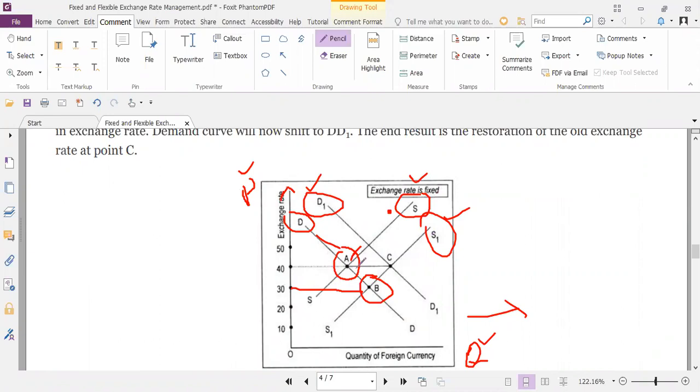If you join point A to the y-axis, you get 40. The exchange rate was 40. But now that the supply curve has changed, the exchange rate also falls. If you join point B with the y-axis, it will be somewhere here. 30 will be your exchange rate. So you can see it has fallen from 40 to 30.